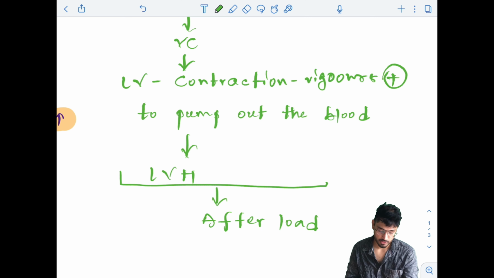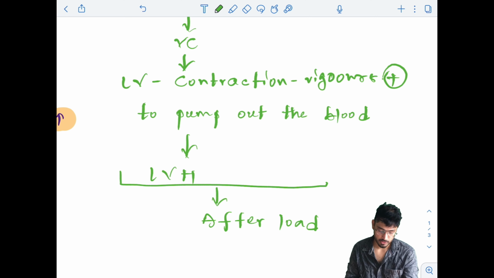Till now we have seen only the arterial blood vessels. Now we'll go for the venous blood vessels. It will act over the venous blood vessels also, right? When the venous blood vessels are activated, what happens? Venous return to the heart will also be increased.